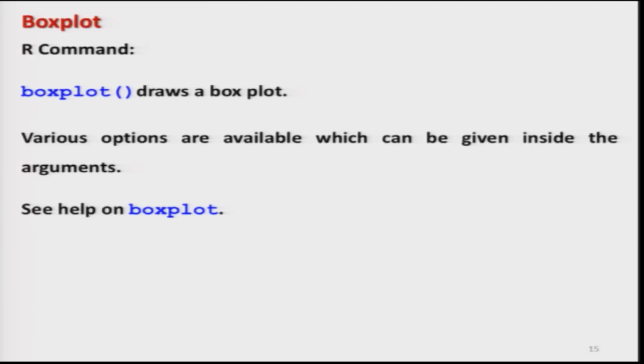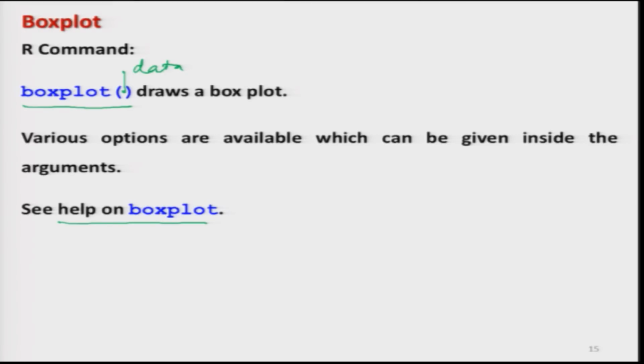Inside the R software, there is a command Boxplot, and inside the arguments you have to give the data vector for which you want to create a box plot. And there are several options available in the plotting of box plot. I would request you to go to the help menu and try to see what are the different arguments and what are their uses in creating the box plots.